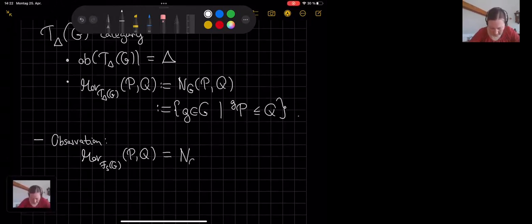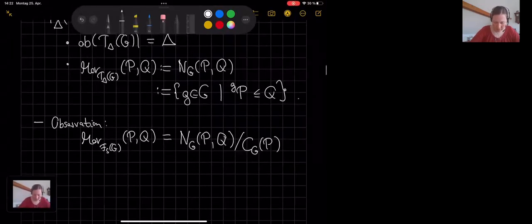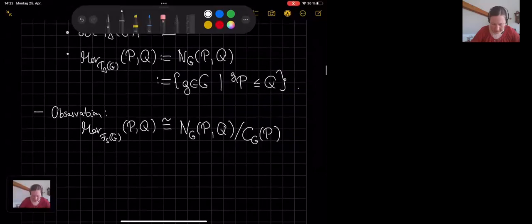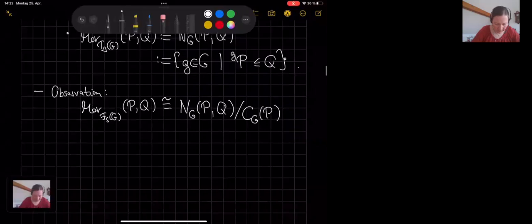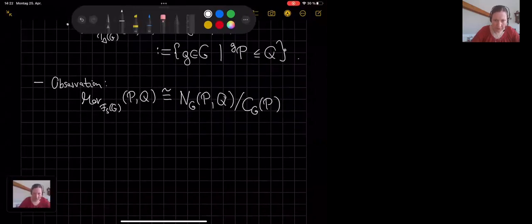They are induced by elements in G, but we identify them if the conjugation by such an element does the same on P. So what we actually do is look at the right cosets of a centralizer in G of P. So in some sense, this category above it contains a bit more information.